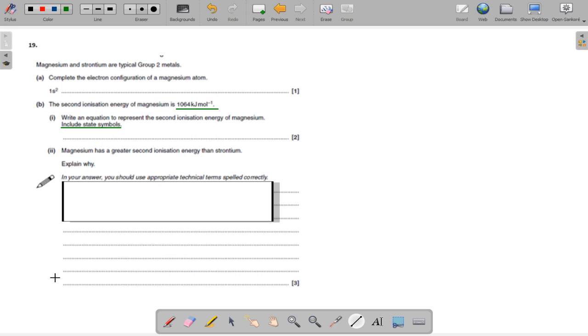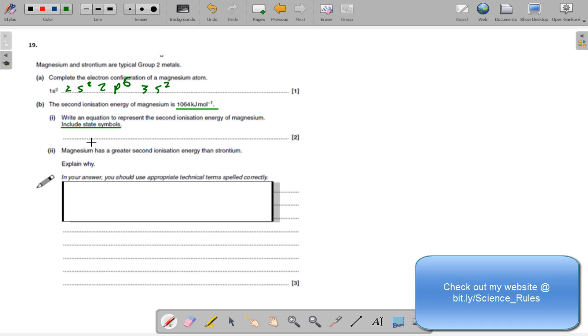Okay, so the electron configuration is 1s2, 2s2, 2p6, 3s2. Now the 6 is meant to be a superscript, so I'll just rewrite that again.